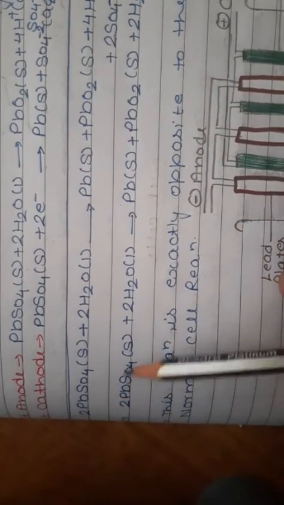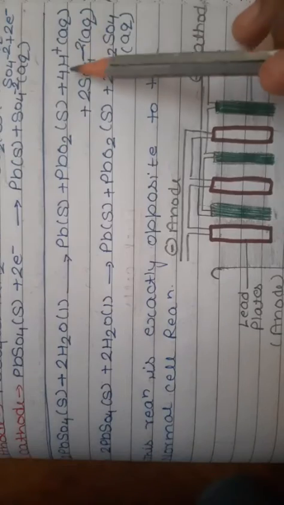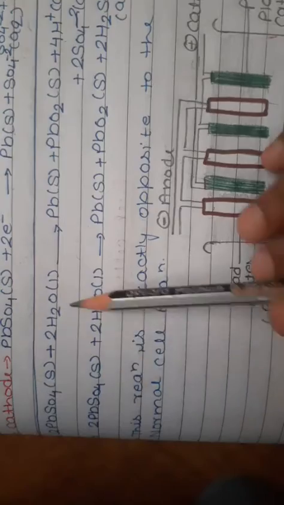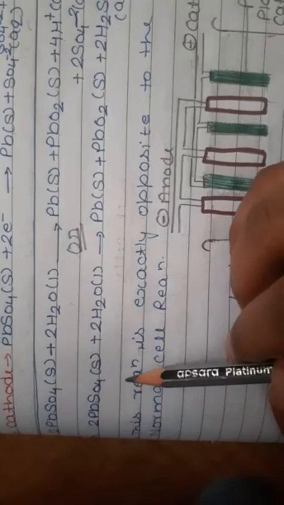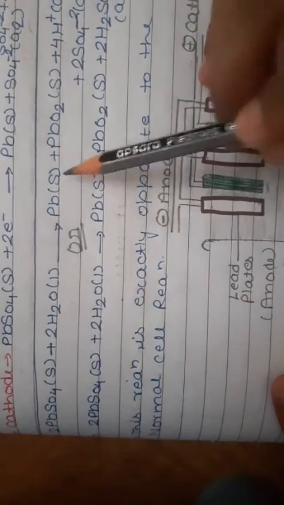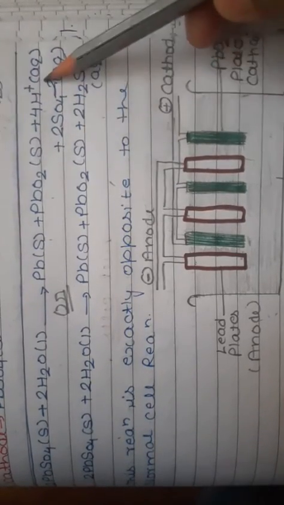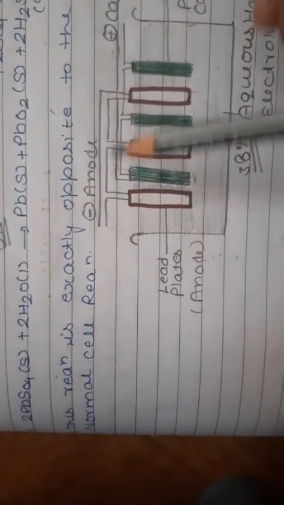What happened? 2PbSO4 solid plus 2H2O liquid gives Pb solid plus PbO2 solid plus 4H+ plus 2SO4 2-, which means 2H2SO4. So we can write this reaction as 2PbSO4 plus 2H2O gives Pb solid plus PbO2 plus 2H2SO4. We can say that this reaction is exactly opposite to the normal cell reaction.